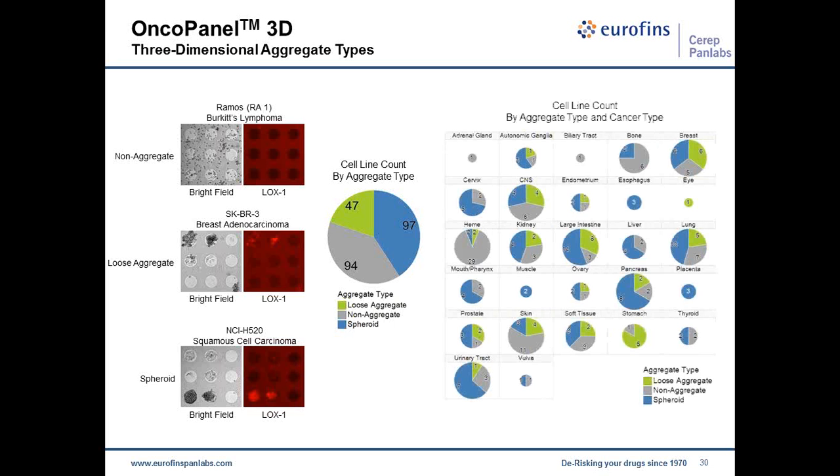And if you break this out further by cancer type, a couple things to highlight are that in general, hematologic malignancies don't form spheroids or loose aggregates particularly well. You might contrast this with cell lines from the large intestine, which form some 3-dimensional aggregates as a preference.